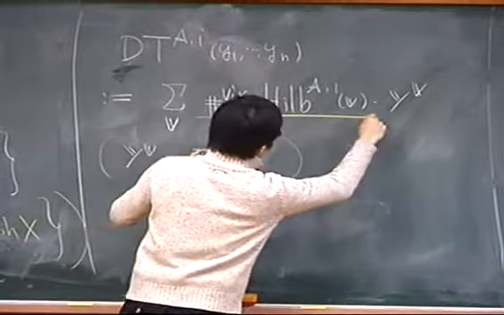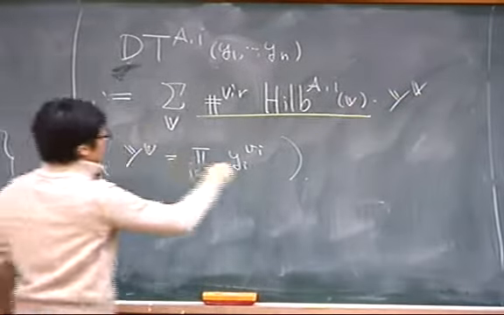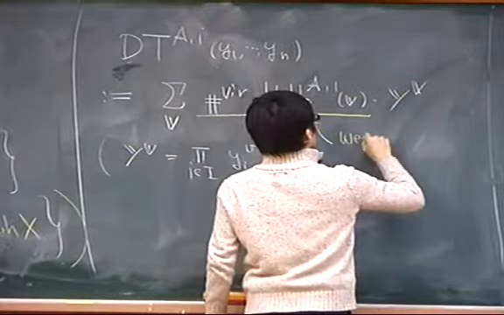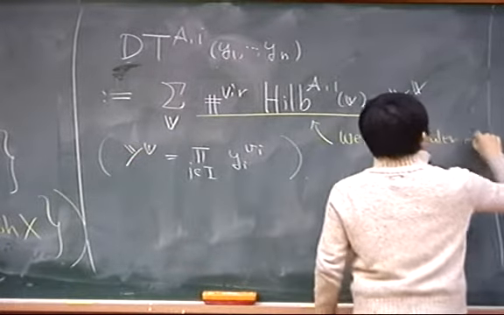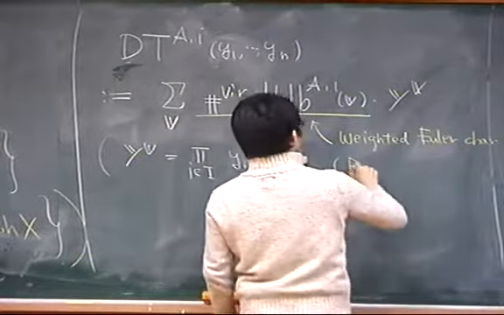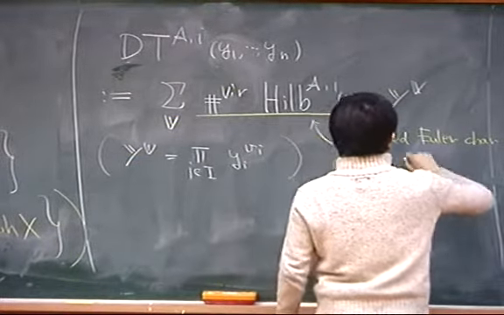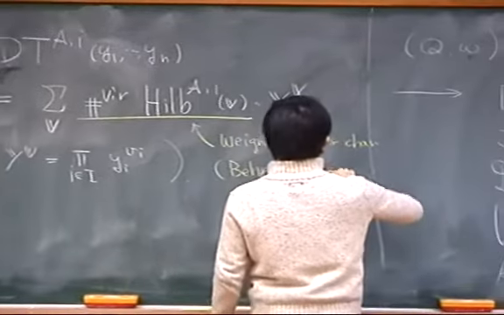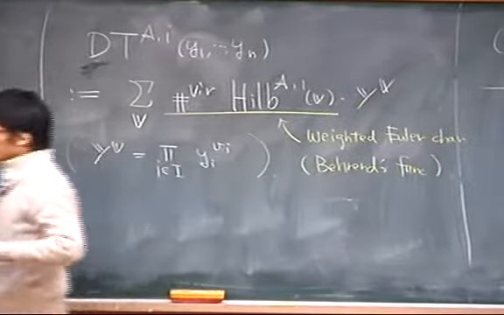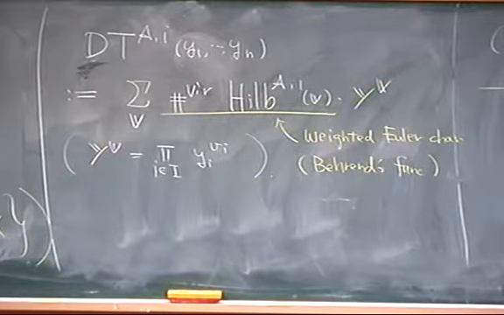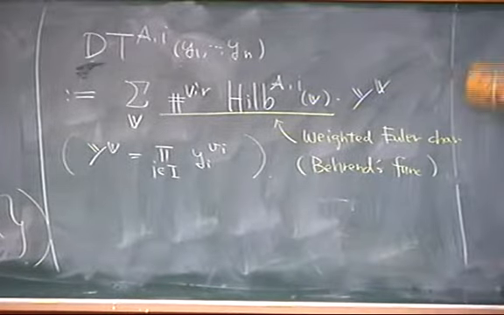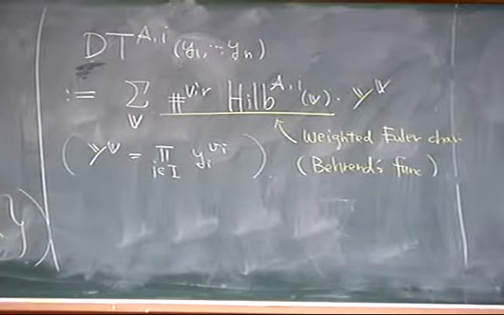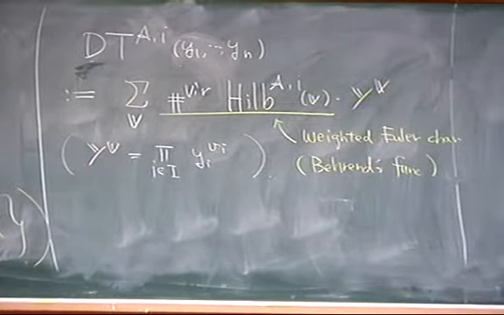Actually, the Hilbert scheme is non-compact in general, so we define this as a weighted Euler characteristic weighted by the Behrend function. And as I said, the moduli can be described in terms of a critical locus, so we can define the Behrend function. So this is the generating function.